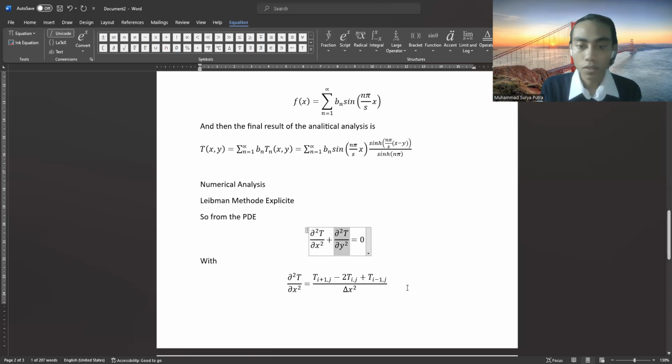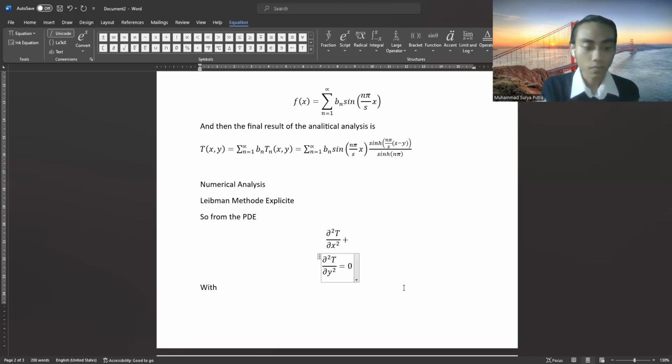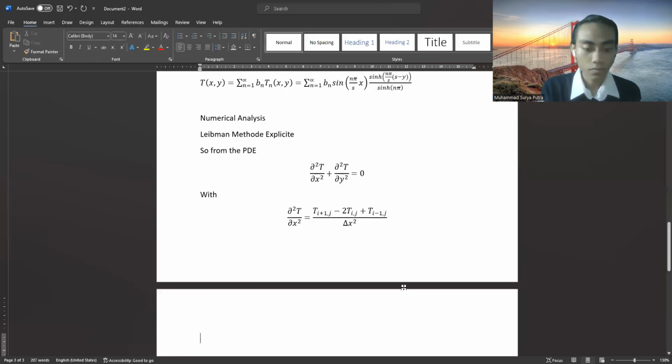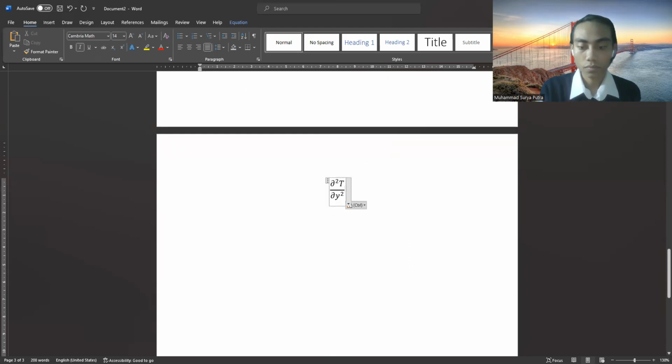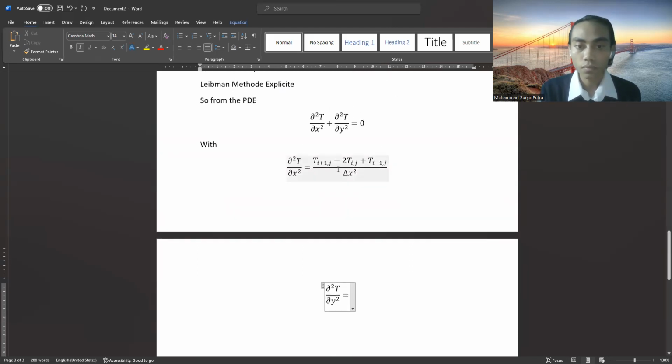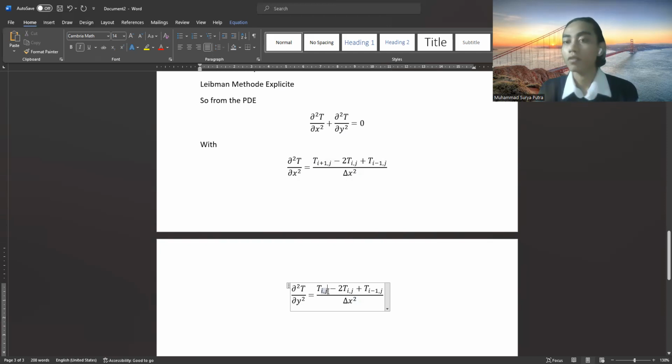And then for this y, y is in the column, not the row.